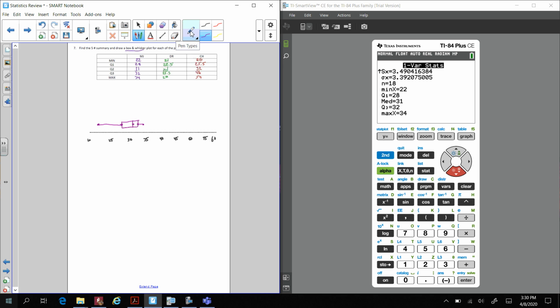All right, so let's compare that to David Robinson. Let me change the color to green. David Robinson had a minimum of 21, 22.5, 24, 25.5, and 27.